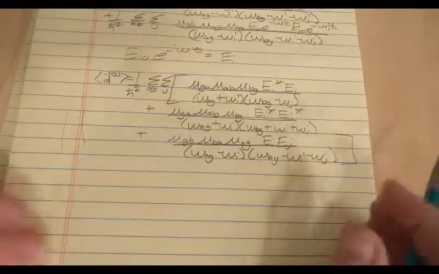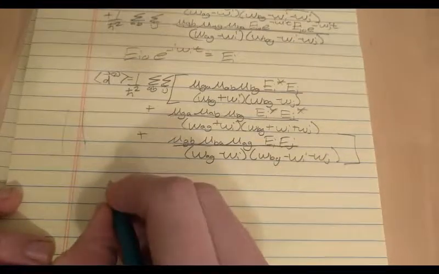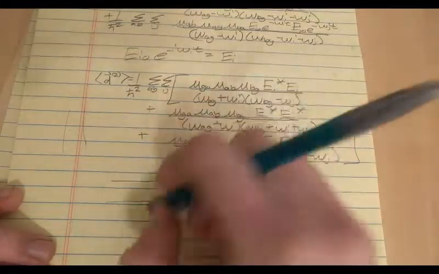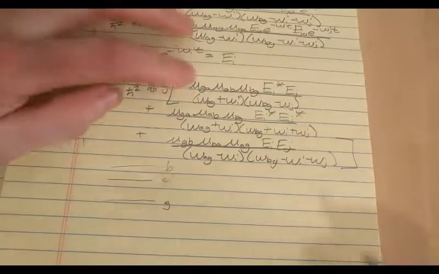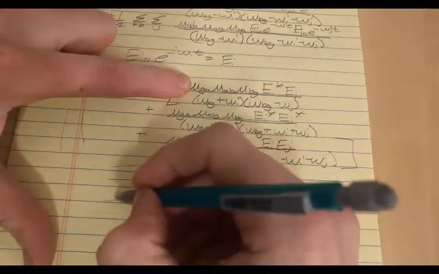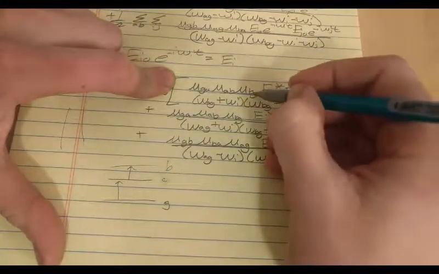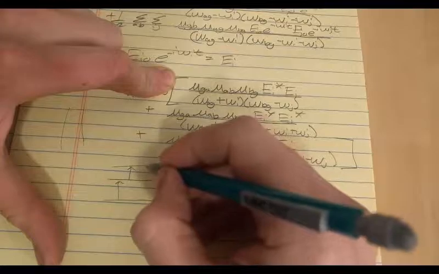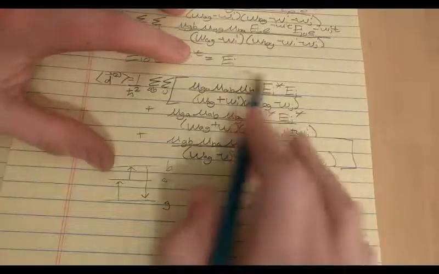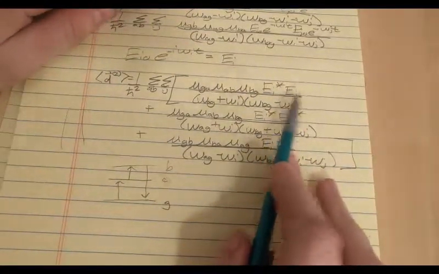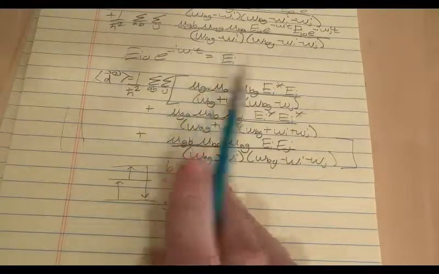Or in other words, you can do an energy level diagram. So if you have ground state G here, excited state A here, excited state B here, well then, mu GA represents going from G to A, mu AB represents going from A to B, mu BG represents going from B to G. So that's how you would draw the energy level diagram for the process that's happening in this term. So that's why I organized it in that manner.